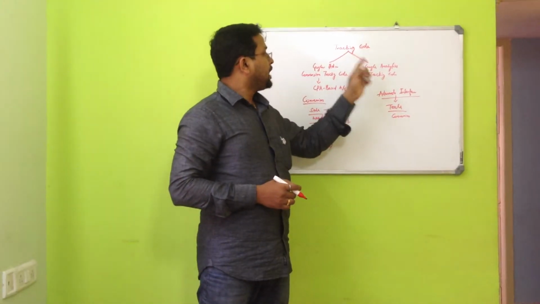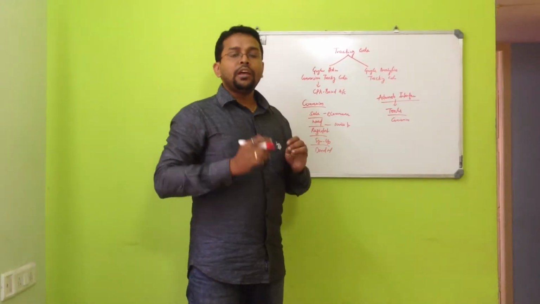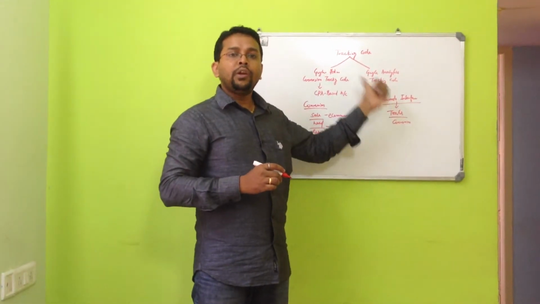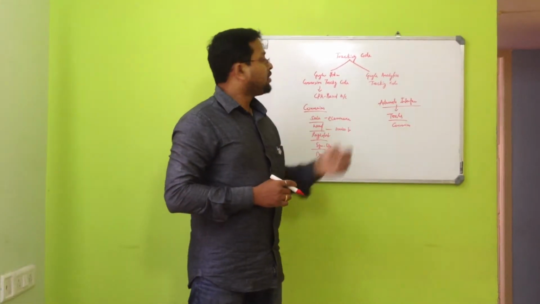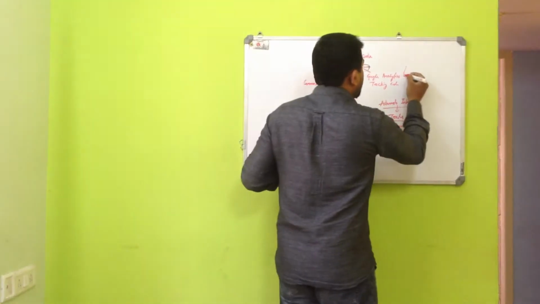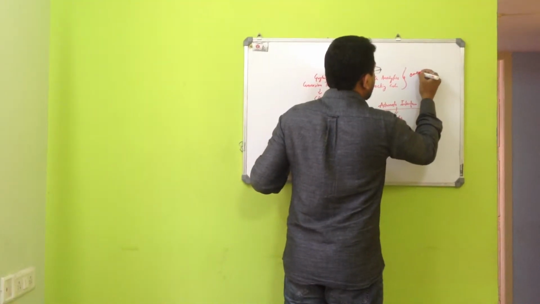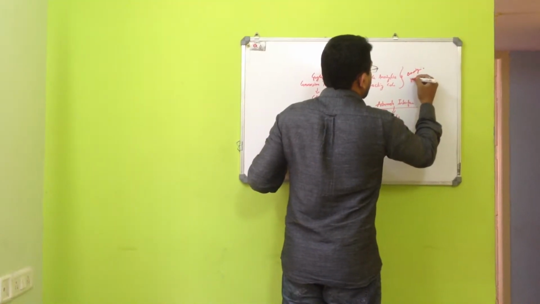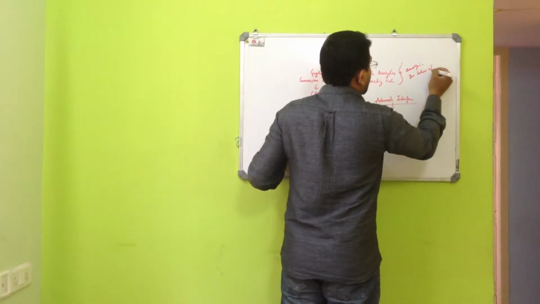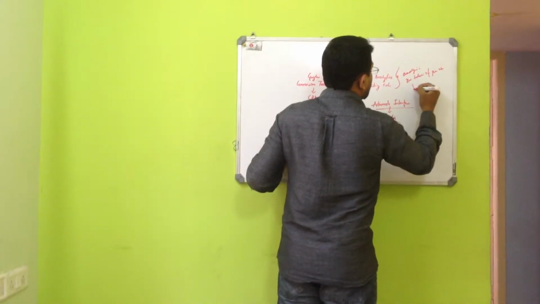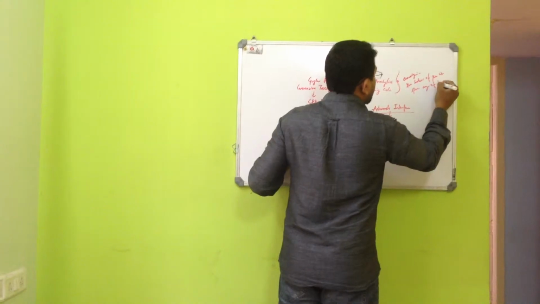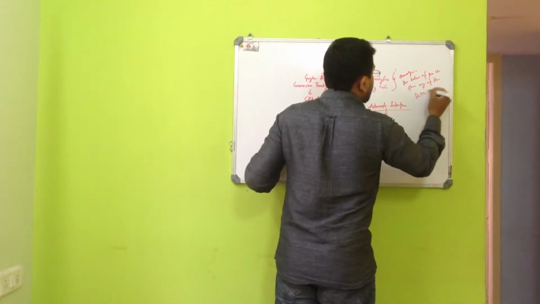But in case of the Google Analytics tracking code, this is not related only to Google AdWords. Google Analytics tracking code is for analyzing the behavior of your user through any of the digital marketing channels.